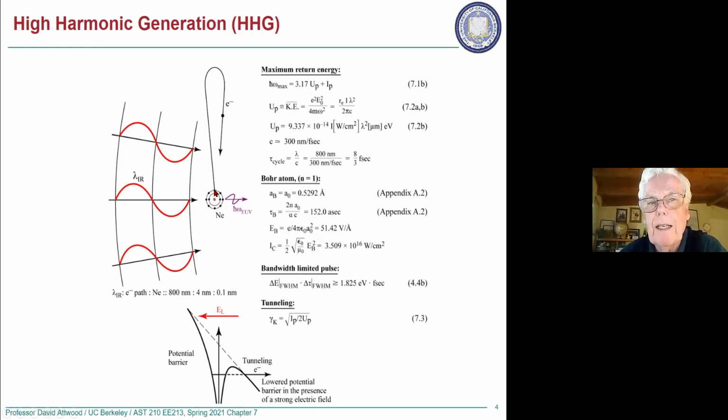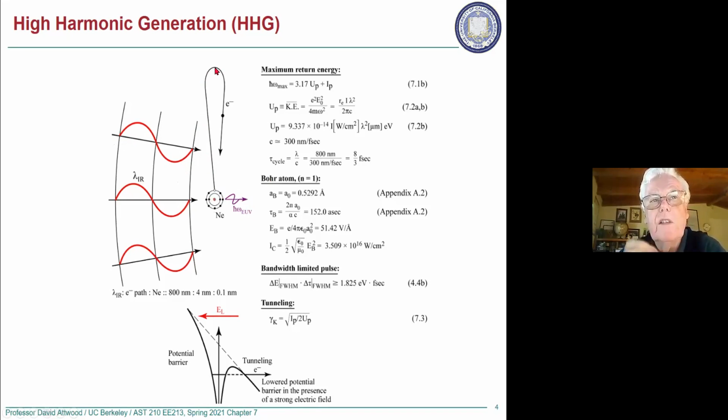Once that electron is pulled out, which happens in a very short time, the electron is in the strong laser field, and it gets accelerated away from the atom. As the passing wave goes through its cycle, the electric field turns around, and it probably turns around here and starts slowing down the electron.